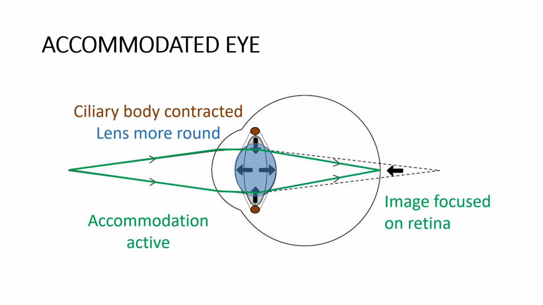So when the eye is accommodating or the lens power increases, the image can focus on the retina. An image of a near object can focus on the retina.